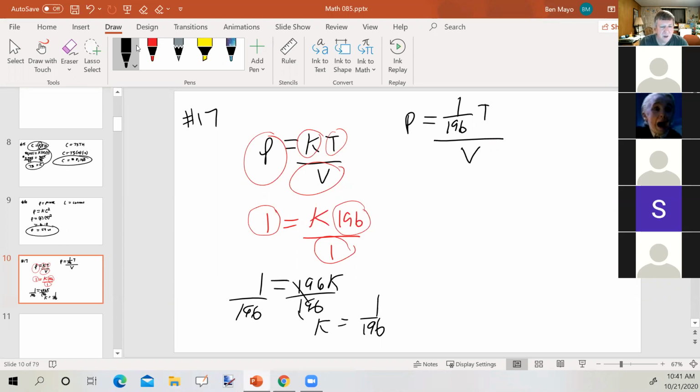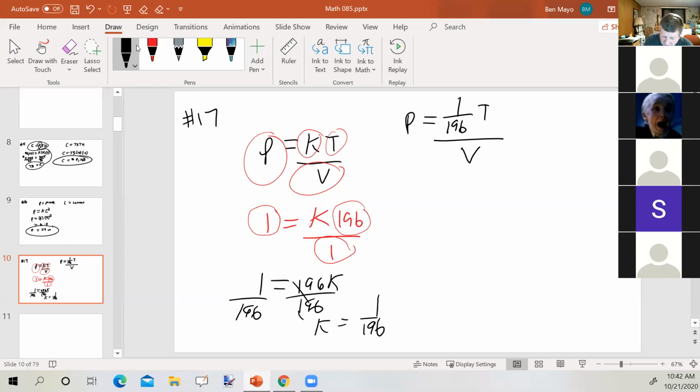It says when heated, the gas expands to twice its volume, but the pressure remains constant. To what temperature is it heated? All right, so let's see.